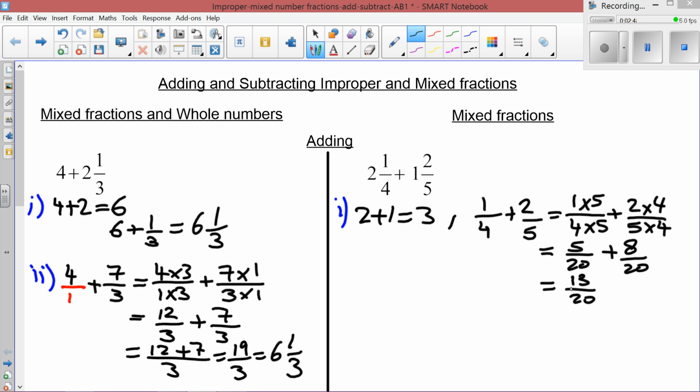I now have to add that to my 3, so that's 3 add 13 over 20, and that gives me 3 and 13/20.